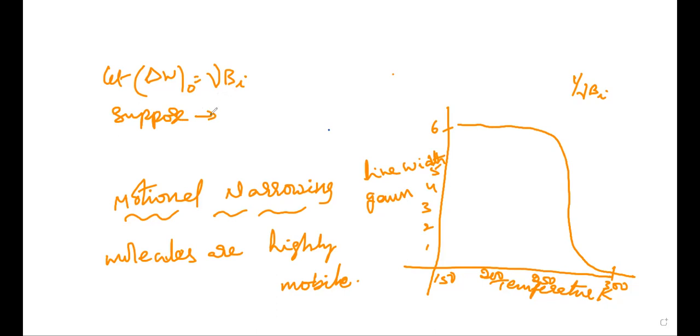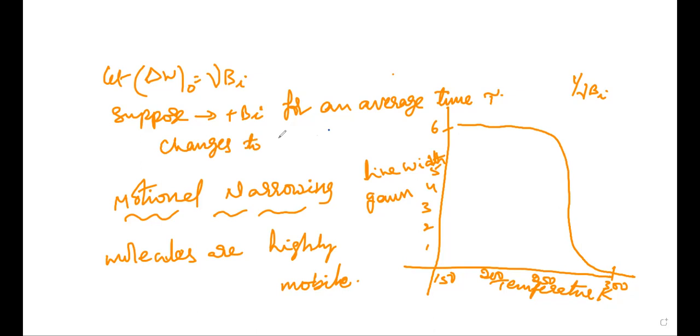Suppose the local field value is plus Bi for an average time tau, and then it changes to minus Bi.